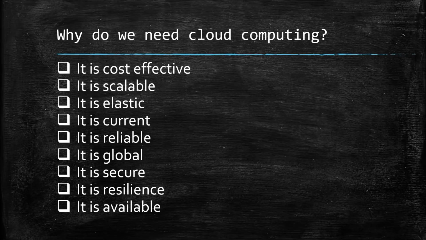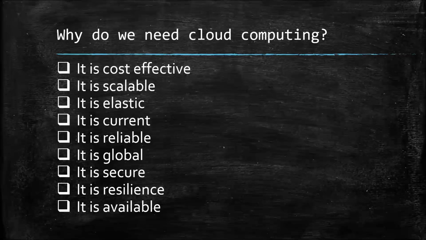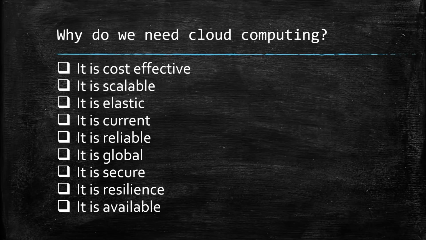And we have the digital security, that is to prevent hackers from stealing your data online, and from shutting down your application. So we also have resilience. Resilience just means if there is a failure, it can easily recover from the failure.